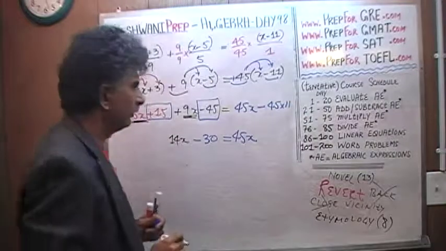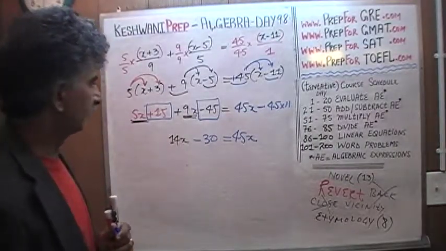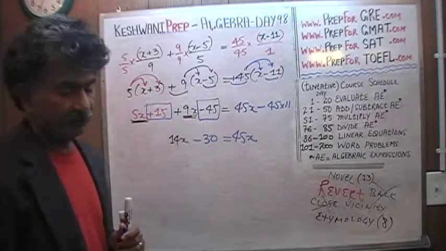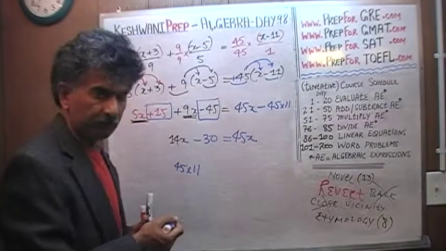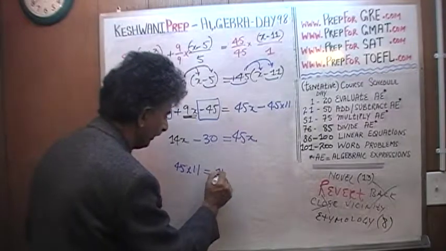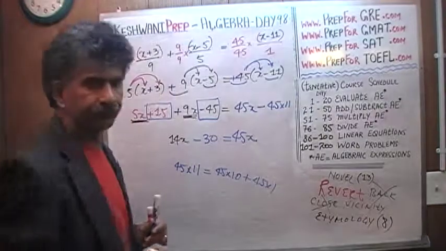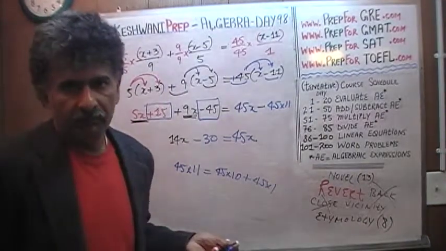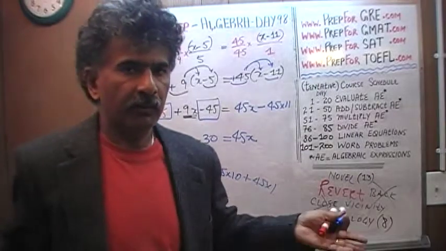It looks like we have no choice but to figure out what 45 times 11 is, because we're going to have to manipulate this thing, which is very easy, not that difficult. 45 times 11 must equal 45 times 10 plus 45 times 1. 10 45s and another 45 should be 11 45s.